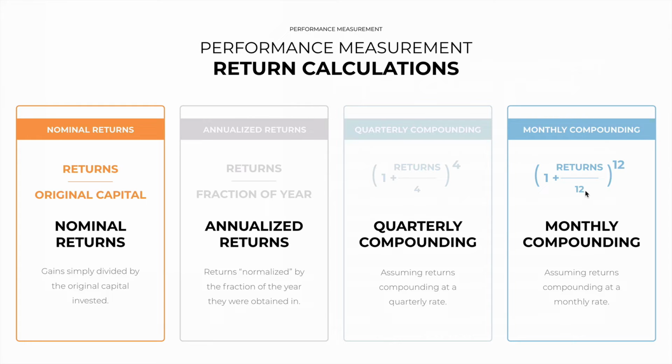So here's a 12, and here is 12 as well. By that same token, if you wanted to use daily compounding, you would have 365 here and 365 here as well. Or if you wanted yearly compounding, it would be 1 plus the returns, because here would be a 1, and here it would be divided by 1.